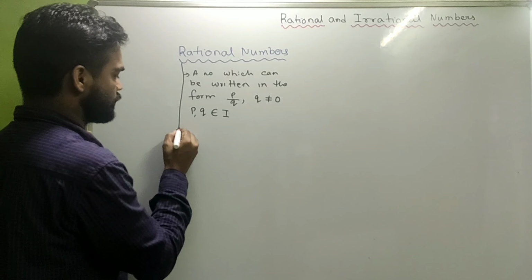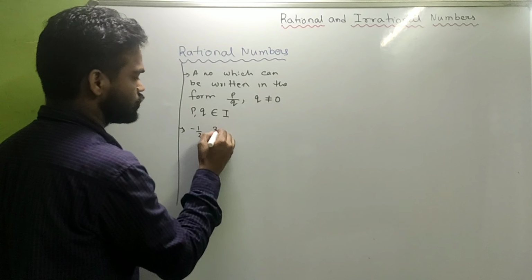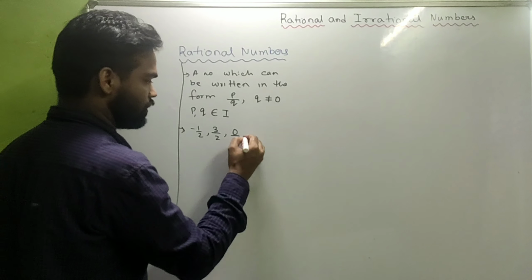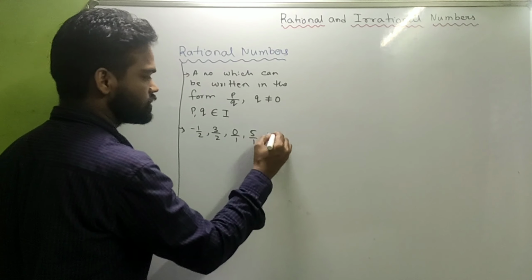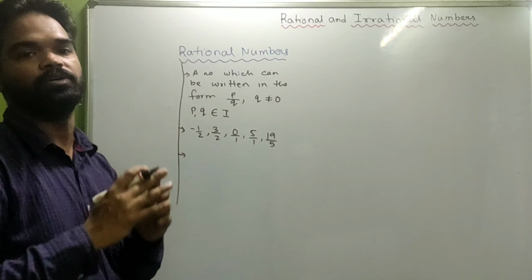For example, minus half, 3 by 2, or even 0, because we can write 0 as 0 by 1, 5 as 5 by 1, suppose 19 by 5. These are all rational numbers.